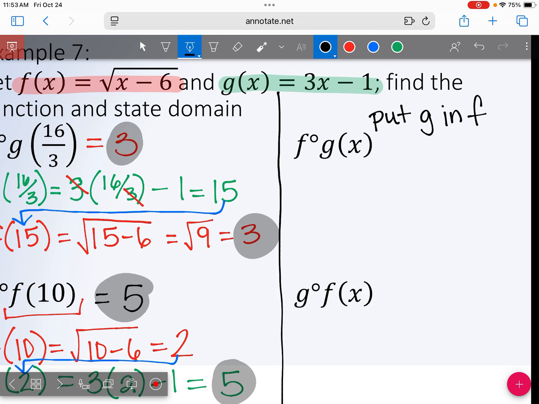So what I'm going to do is rewrite my f function. And you see how the f function says take the square root of x minus 6. So I'm going to take the square root of, and then inside of that parentheses, I'm going to put g. Just like that.